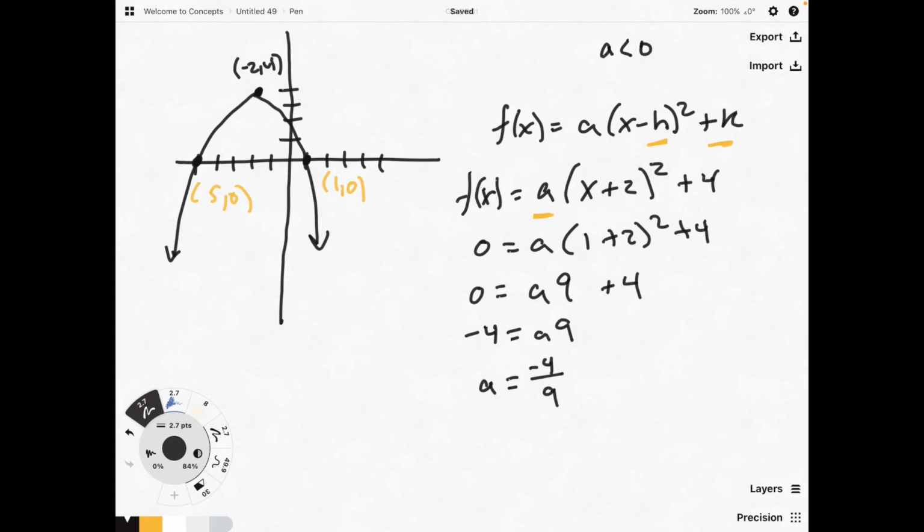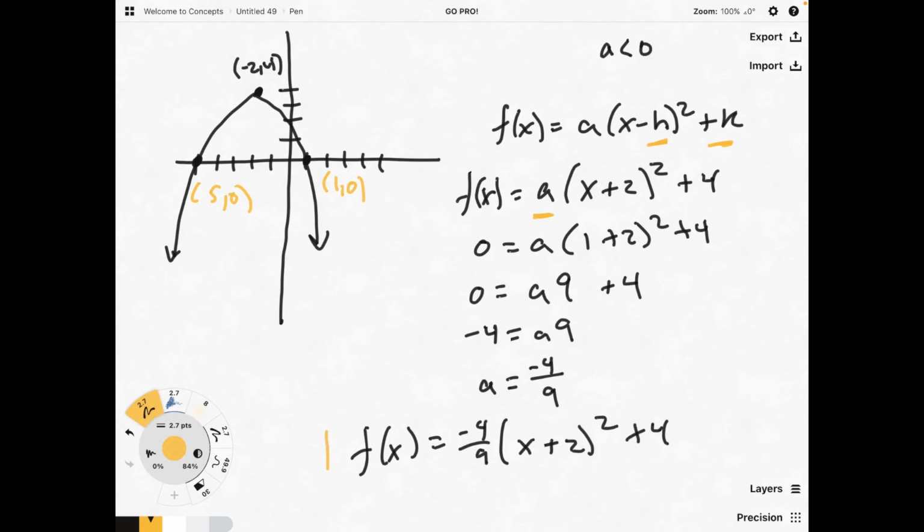Now we can plug that back into our original function, so we get f of x equals -4 over 9 multiplied by (x plus 2) squared plus 4. And this is our standard equation for a parabola with a vertical axis. We know that this is right because it matches the information that we have in the graph.